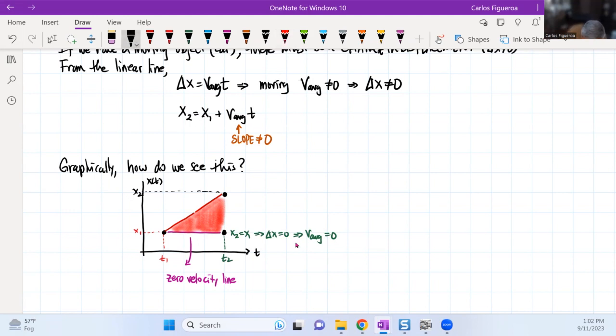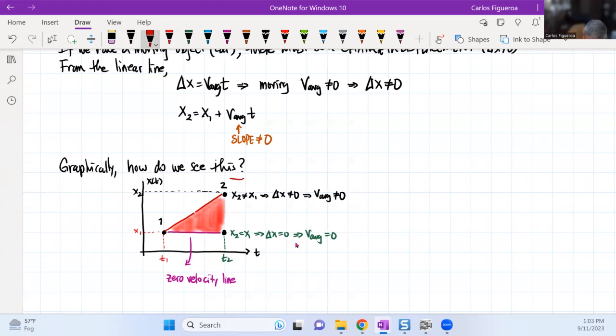So if I call this point 1 and this point 2, x2 is not the same as x1, which then tells us delta x is not 0. And the cause of this is that the slope is not 0 anymore. There's a sloped line right here.